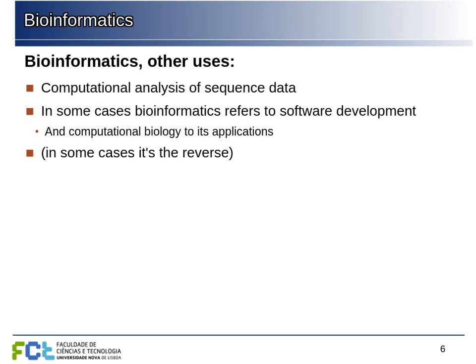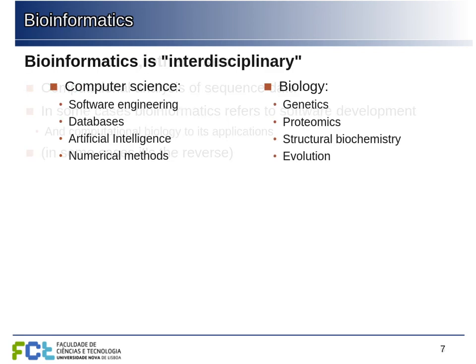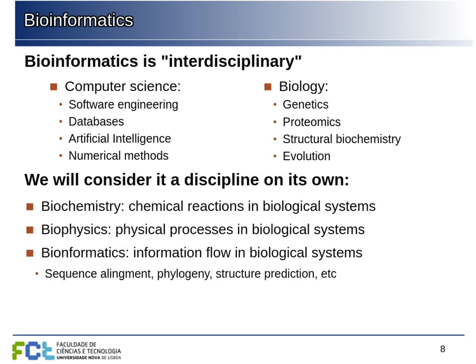But for us, the idea here is not to make these kinds of distinctions, whether bioinformatics works on sequence data alone or whether it refers to software development or the application of software or something like that, but rather looking at it more like a discipline on its own. So if you want, you can consider that it's interdisciplinary in the sense that you have background knowledge from computer science in software engineering, database management, AI, and so forth, but also from biology, because you need to understand the problems, genetics, proteomics, all the structural bioinformatics parts.